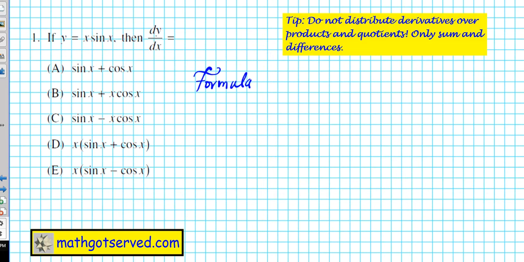So the formulas are, first one is the product rule, which you should have mastered before the AP exam. The product rule is, if you're looking for the derivative (uv)' of two functions u and v, the derivative is v u prime plus u v prime.